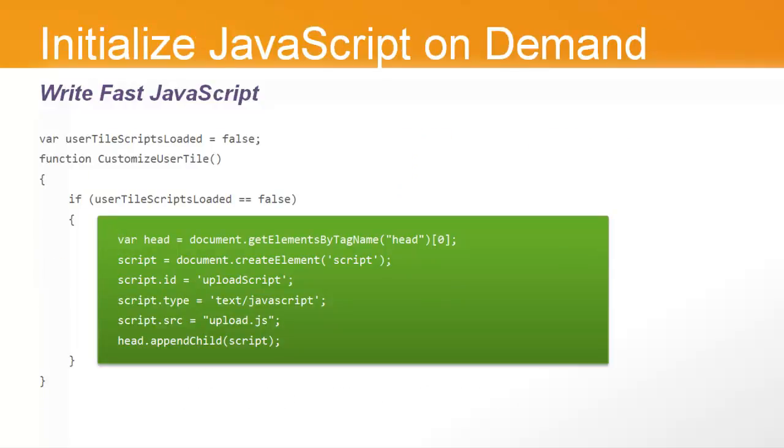And then, initialize JavaScript on demand. Here it is very important: don't download everything that you think you're going to need. Try to break down all of your functionality into different files, and as the user gets there, download those. Therefore, you're not going to take a hit from the browser having to parse a lot of code ahead of time, especially if these are features that are not often used, and then you can add them as the user needs them.